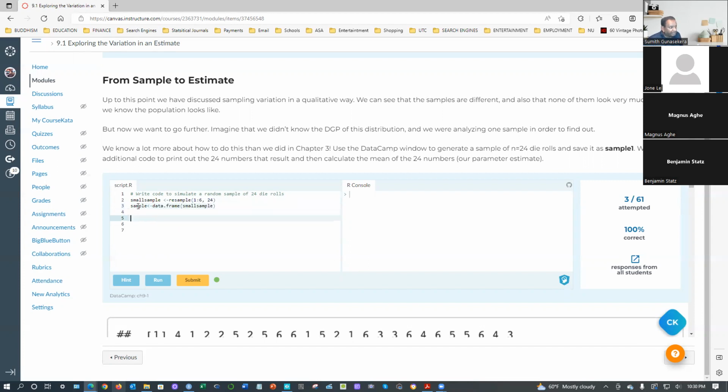Then let's find the mean of the small sample and the standard deviation of the small sample. Okay, 1.8. See, very close.